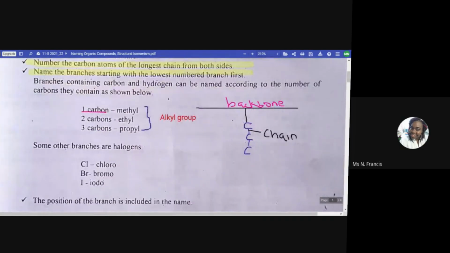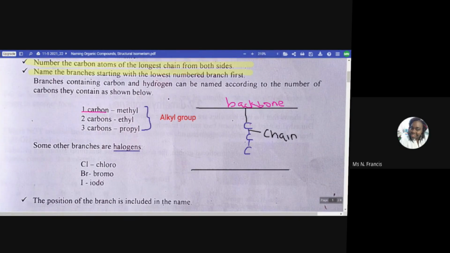All right. Then we have another set of branches that can be formed, and these branches are with halogens. So let's draw back my backbone here.